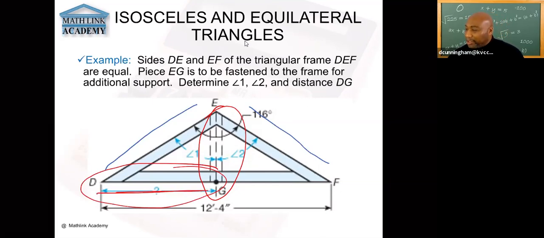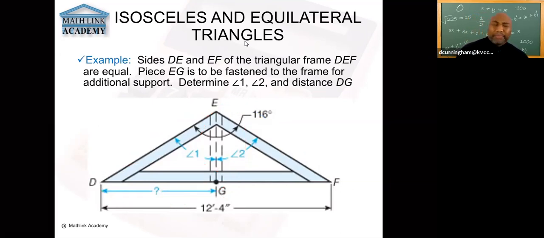So let me clear this so we can see how we're going to attack this problem. Going back to this bisector, the bisector is EG. It gives us not just two equal sides, but also two equal angles where it bisects. That's why we call it the bisector.